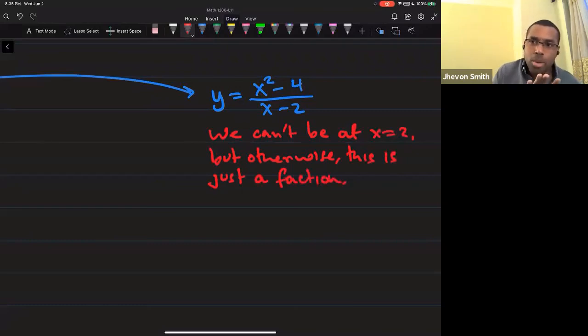You're going to plug in a number for x, and you can say, oh, it's this number divided by that number. It's some sort of fraction, right? And so that means, idea, light bulb, we can reduce it.